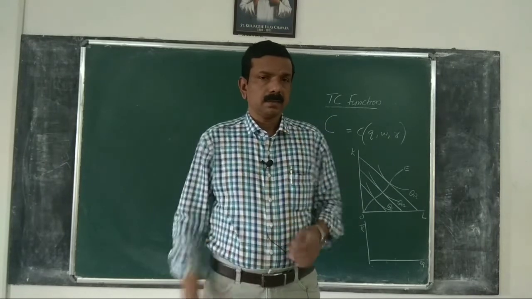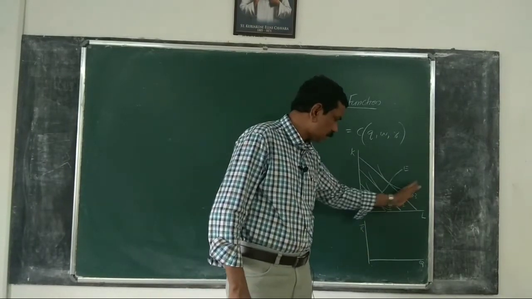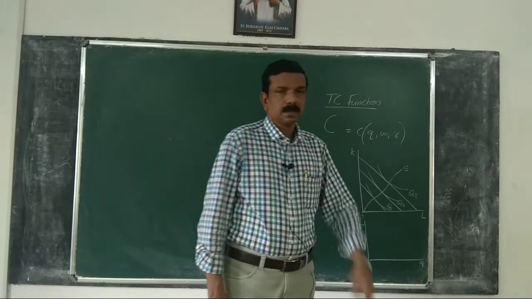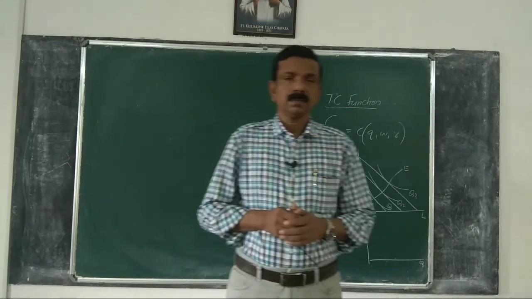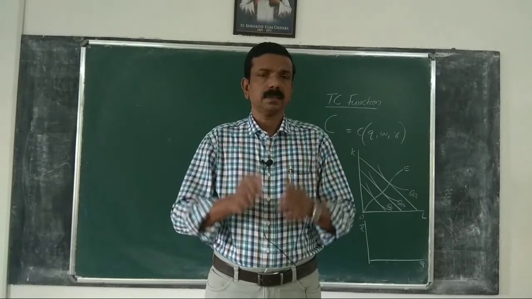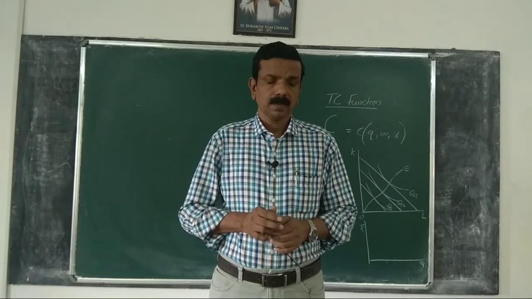So as you can see, total cost increases with the output. The shape of the total cost curve depends on the nature of the production function.